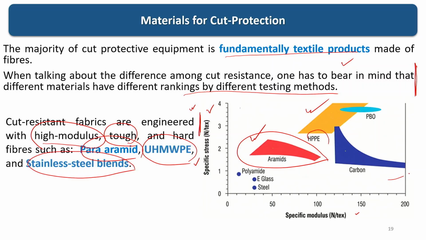Carbon fiber has very high modulus, and PBO has very high modulus and specific stress. HPPE, high performance polyethylene fibers are lighter, so that is why specific stress is very high. These are the fibers mainly used for cut protective textile material.